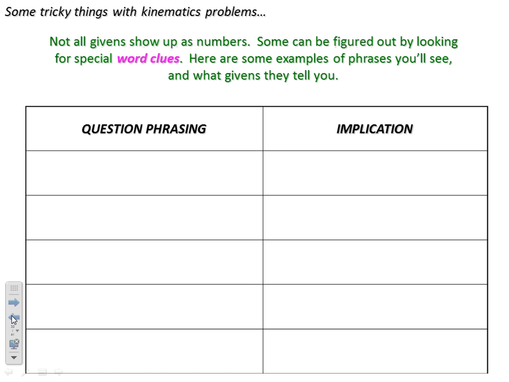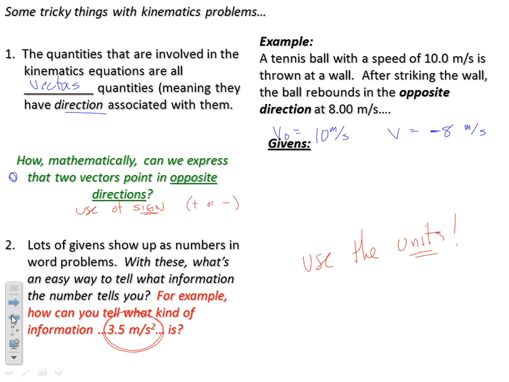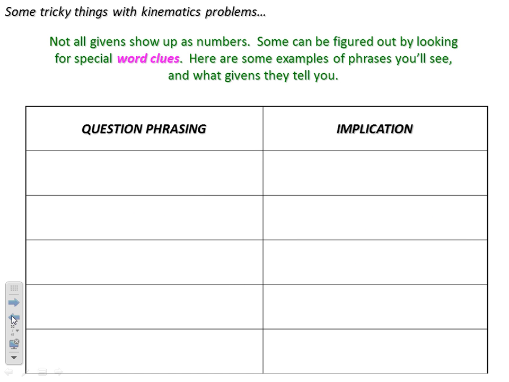The other thing that can be tricky with these, and you seem to have done quite well with this already, is that not all givens show up as numbers. It's easy when you can look through a problem and say, oh, there's a 10 meters per second, I know that's a velocity. There's a 3.5 meters per second squared, that's got to be an acceleration. But sometimes there aren't numbers and there aren't units to identify what some given value is.